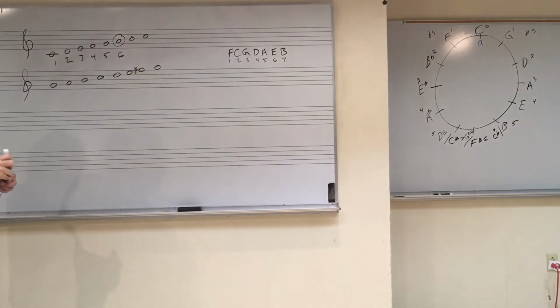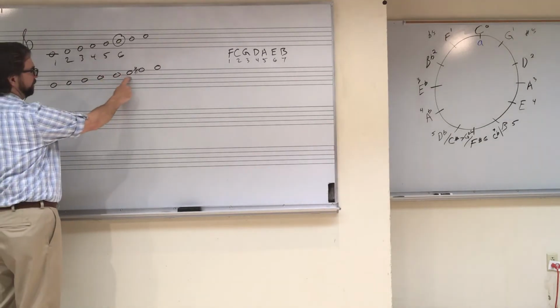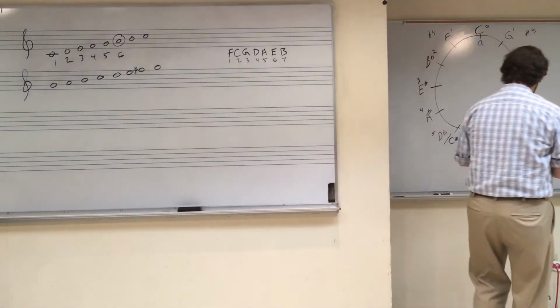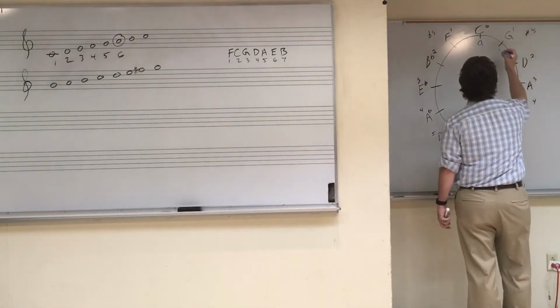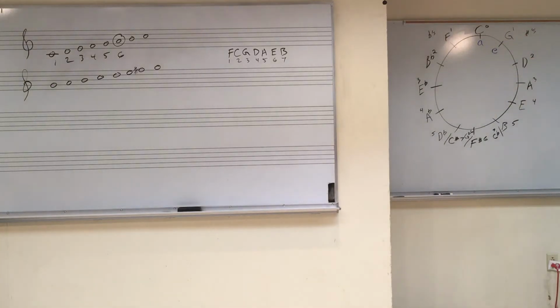And then I count up to the 6th scale degree. 1, 2, 3, 4, 5, 6. So my minor's key signature for this is E. And they share the same key signature. So there's going to be 1 sharp for E minor.